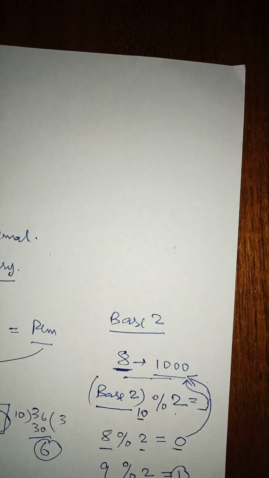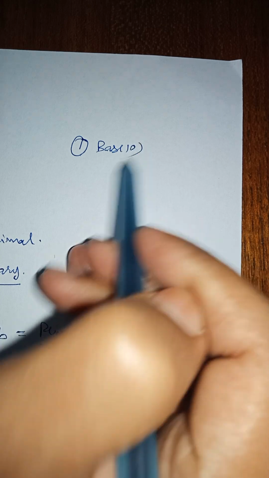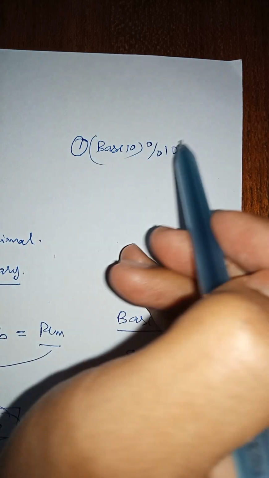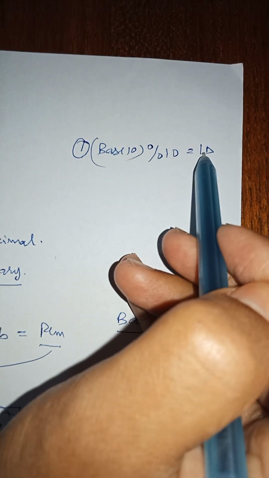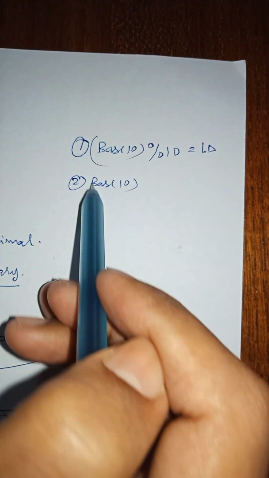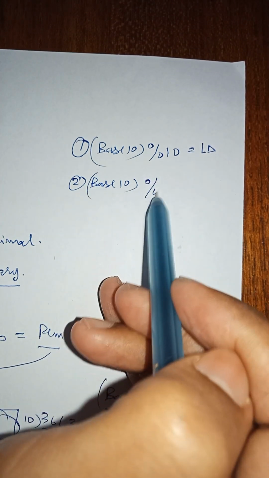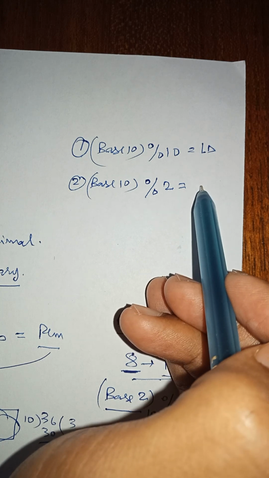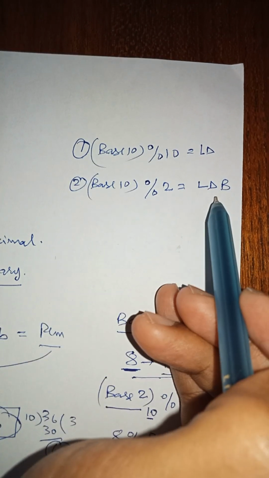So at last I want to generalize these two formulas. First one, any number in base 10 modulus 10 will give me its last digit, and any number represented in base 10, or any decimal number, modulus 2 will give me the last digit in its binary representation.